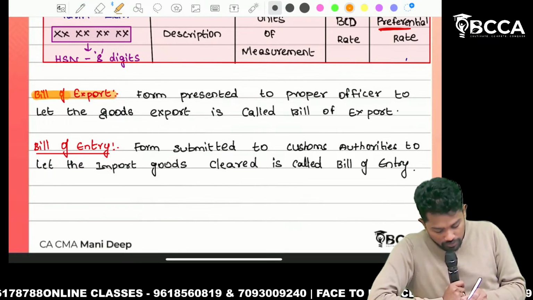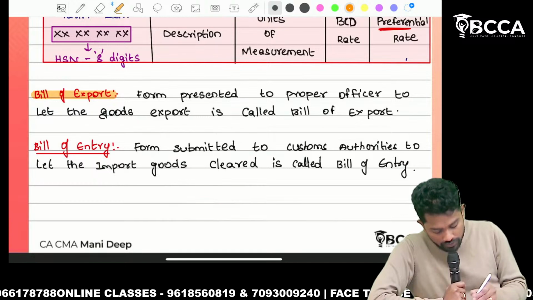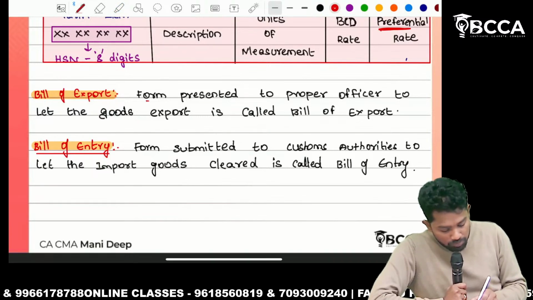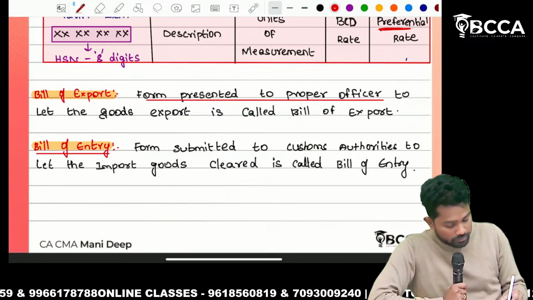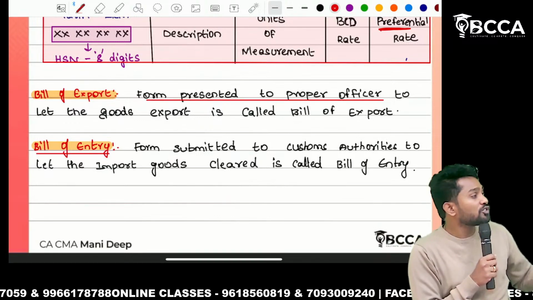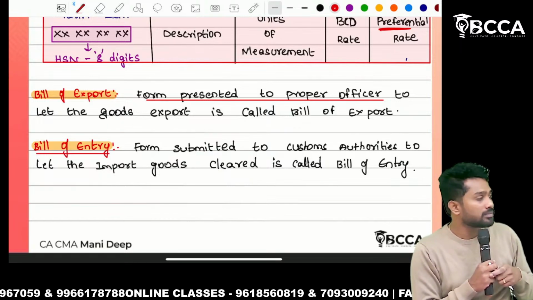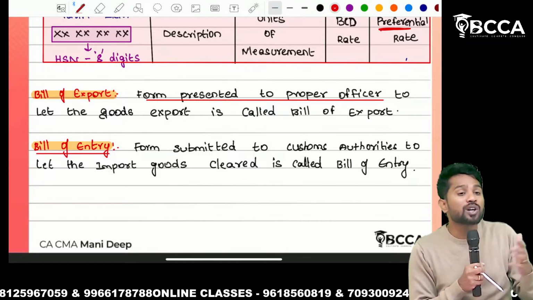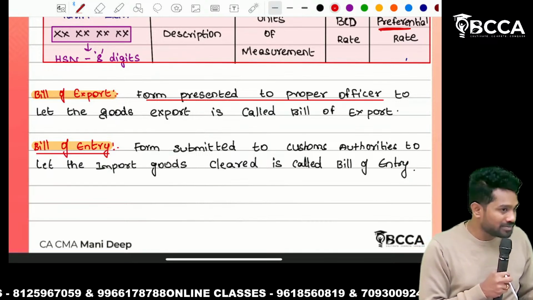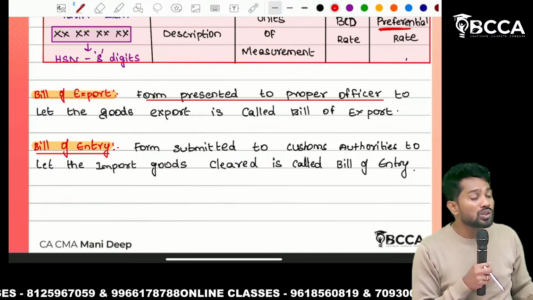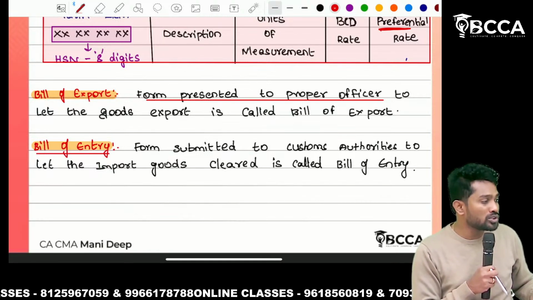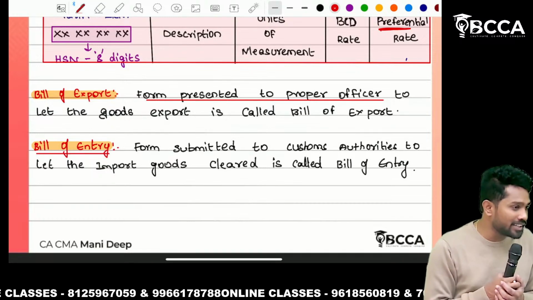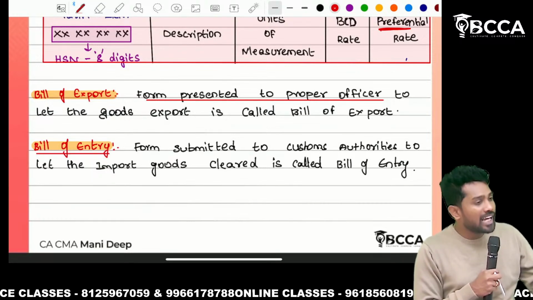Bill of export. What does it mean? Bill of export means the form presented to the proper officer when you want to export your goods. You cannot export on your own, you should take permission. To export your goods, you need to tell at least what goods you are sending, what their value is, and whether tax is applicable on them.